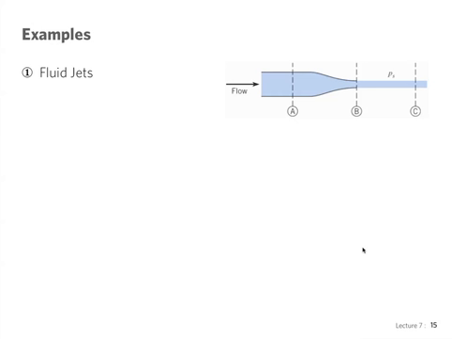The case that we were talking about of the fire hose is one example where we might have something like this. A high-speed stream of fluid which is leaving a nozzle, pictured here in this cartoon at, say, location B. And so we have flow going in and flow coming out of a nozzle at some high speed.